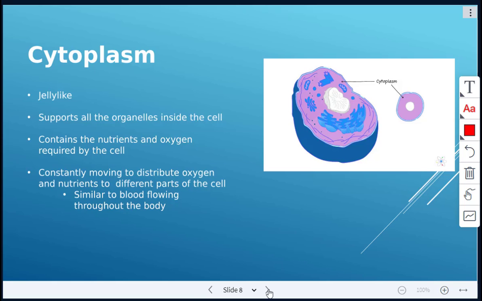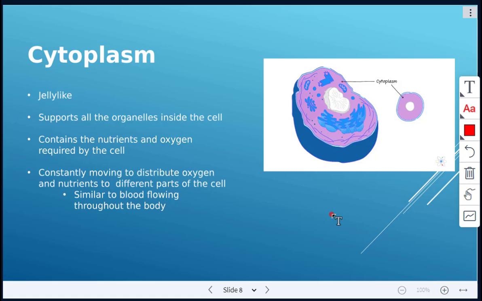Okay, next is the cytoplasm in the cell. It's this jelly-like substance inside of cells, and it supports all the organelles inside the cell. This purple area shown here, all that purple area, would be the cytoplasm. Right here in the middle would be the nucleus.